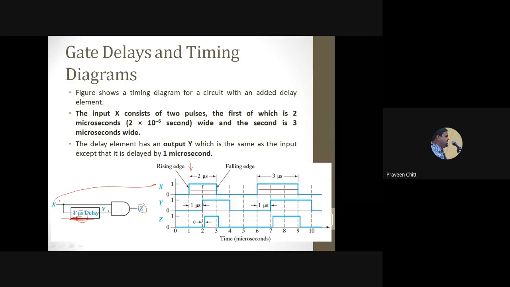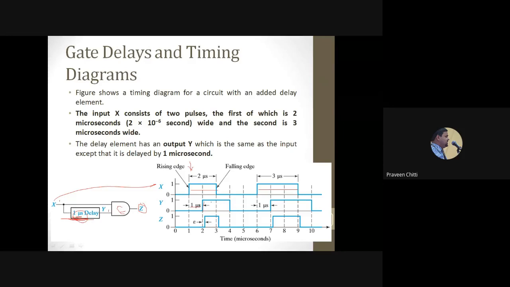But you can see it will not become 1 immediately. It will become 1 after some time, that is epsilon. And what is that epsilon? Propagation delay. It is the gate delay. I hope you are getting that 1 microsecond is the delay element, whereas this gate will have its own delay epsilon. So Z also will be delayed by a certain time, that is epsilon.